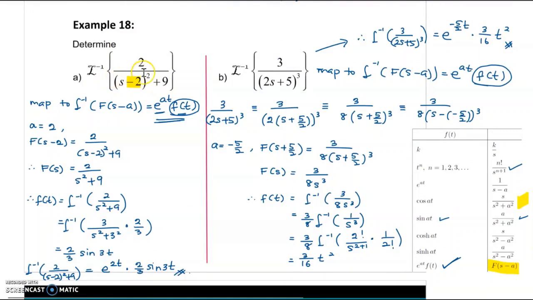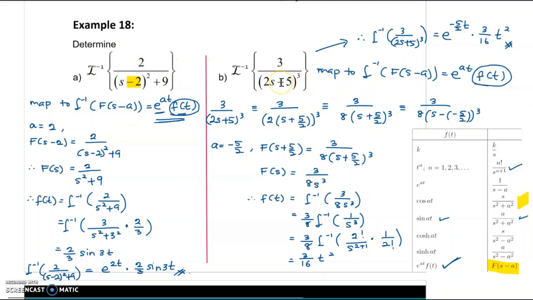When you have written your denominator by completing the square, then you know that this form can be mapped to F(s minus a).